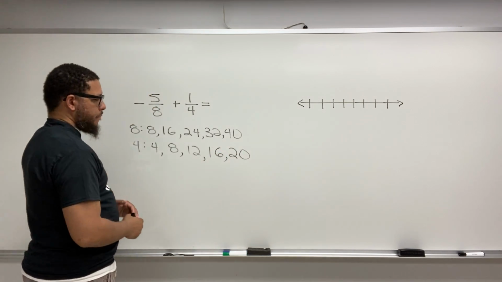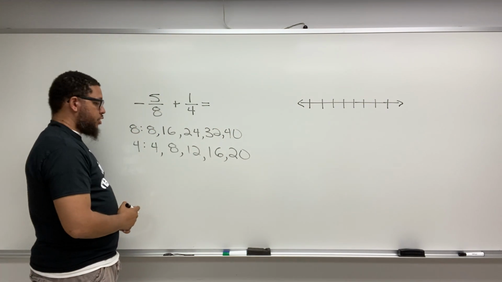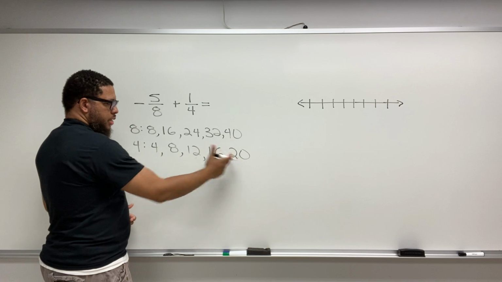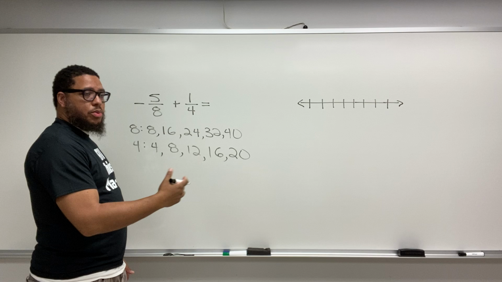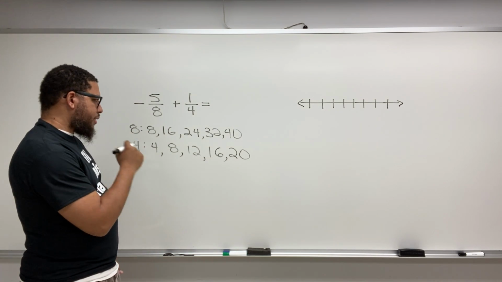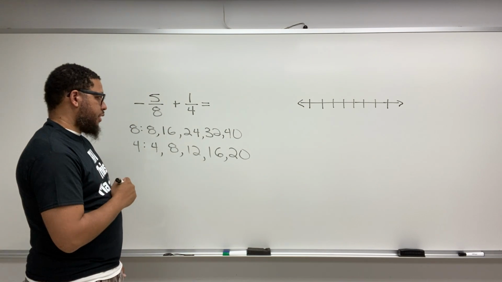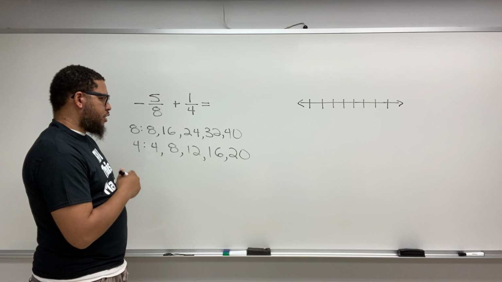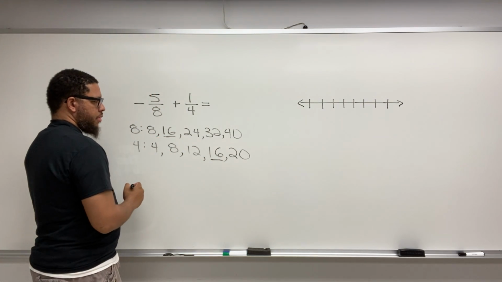So now I have a list of the first 5 multiples of 8, and a list of the first 5 multiples of 4. If I'm looking for the lowest common multiple, which will be my lowest common denominator, I go to both lists and look for the smallest number that is in both lists. There are a few numbers in both lists: 16 is in this list and 16 is in that list.